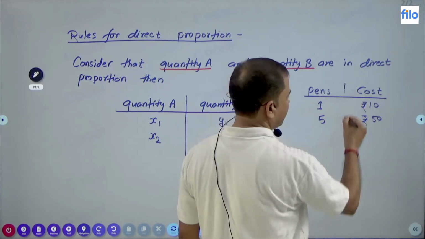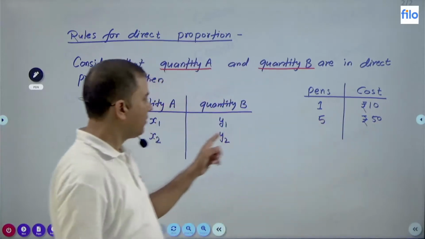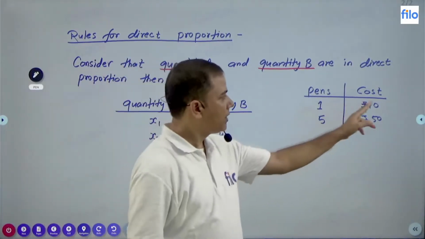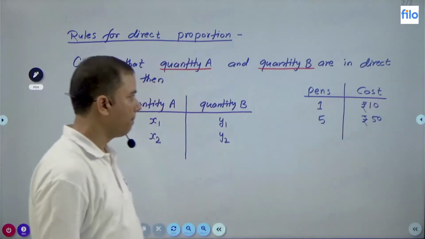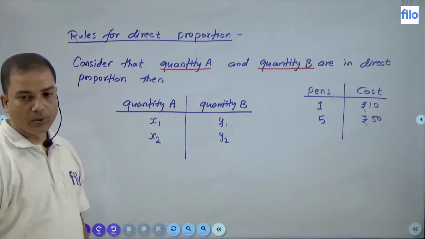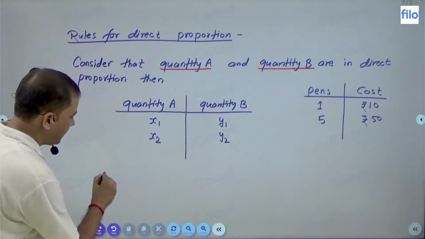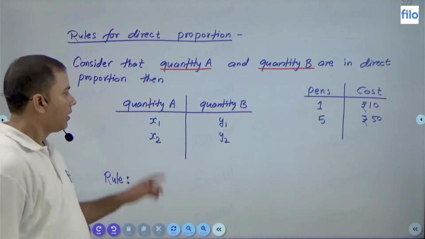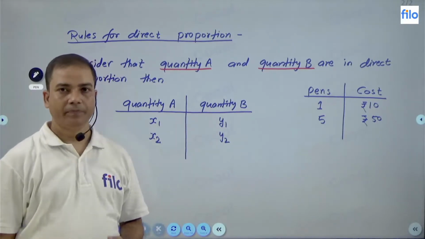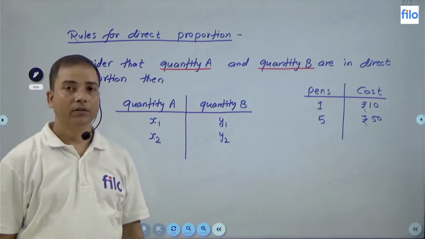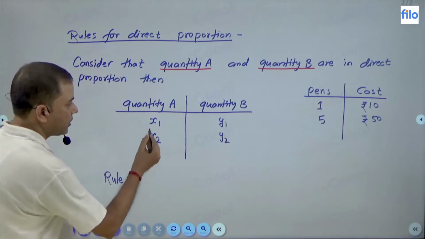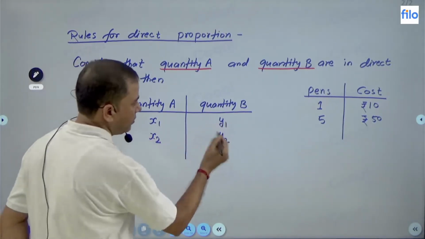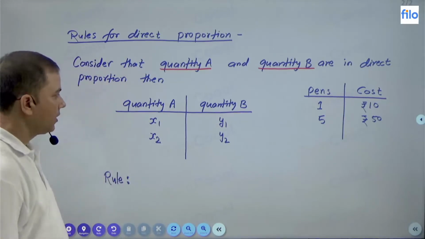Just like that, I have taken x1, y1, x2, y2. Just like 1, 10, 5, 50. Okay, so what is the rule? Rule is that the ratio remains the same. Ratio of what? Ratio of x1, x2 and y1, y2.